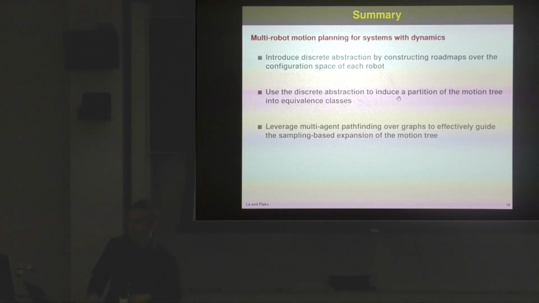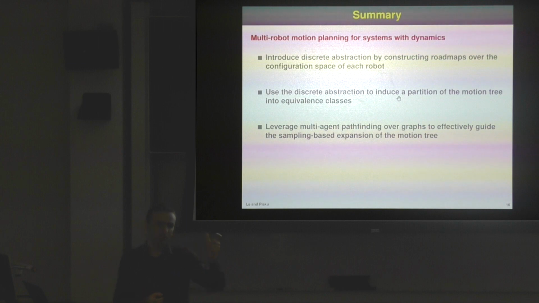So in conclusion, the takeaway message is that when you deal with these problems that are high dimensional, that have physical constraints coming from the underlying dynamics of the robots and their geometric shapes, one important component is to do the search in this hybrid space that consists of the continuous components, but also from this discrete abstraction that serves as a heuristic, as a guide for this search that happens in the continuous space.